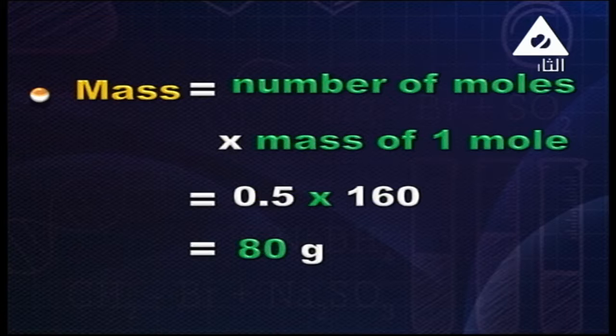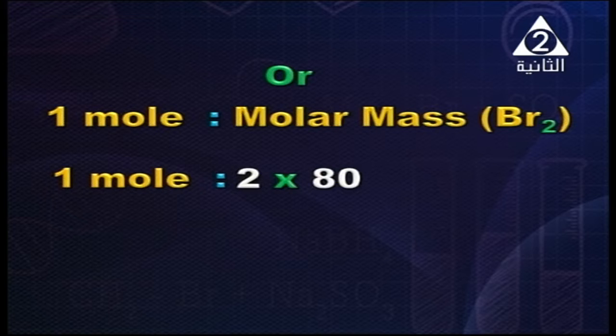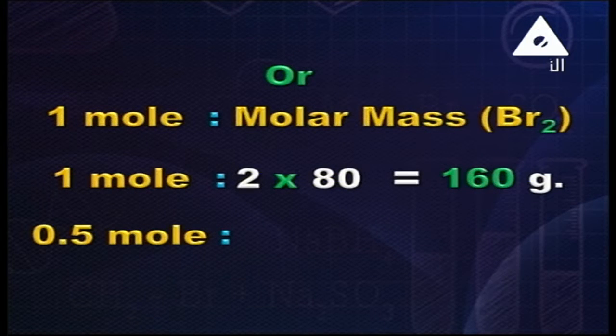You learn to solve step by step. Number 1, find the molar mass. Number 2, I use the triangle that helped me to find the mass. It's easy. What about another method for the answer? 1 mole of bromine, 2 by 80 equals 160. So 1 mole is 160 grams. I can say 0.5 mole equals X grams.